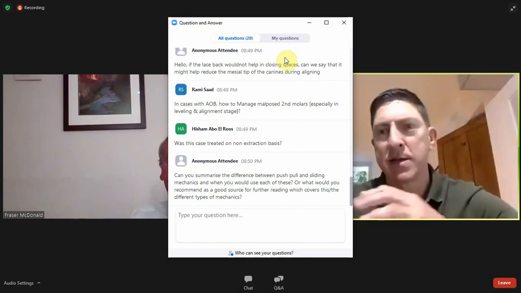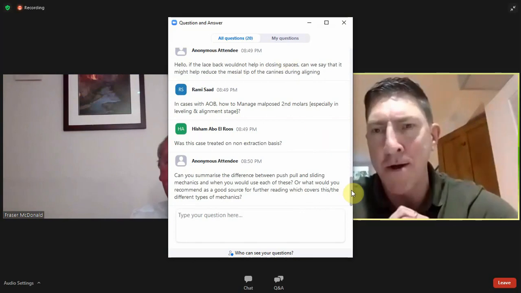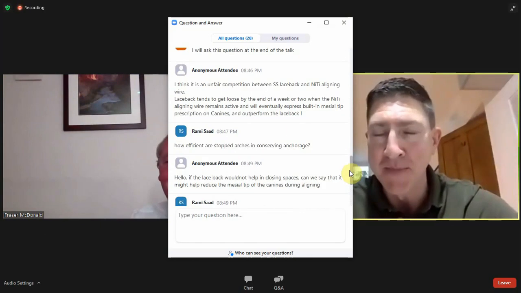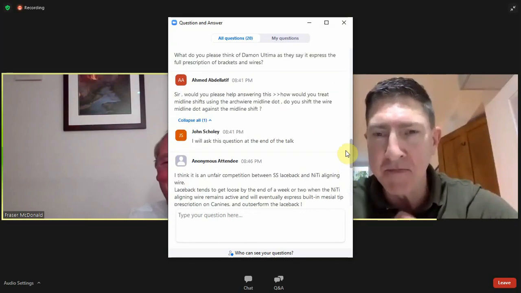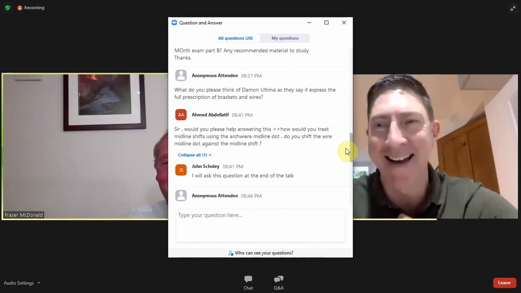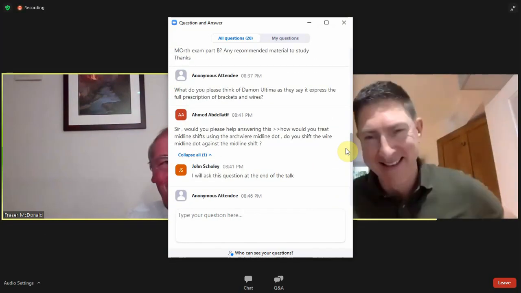Somebody was asking about center lines and where you put the dot on your arch wire if your center line is off. If I can be bothered to find it and focus, I'll try and put it in the right place.